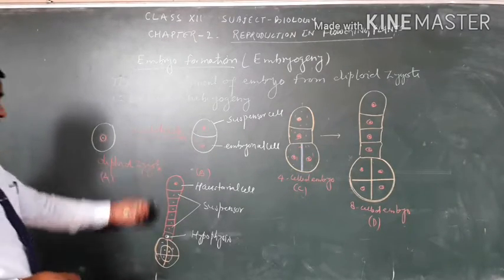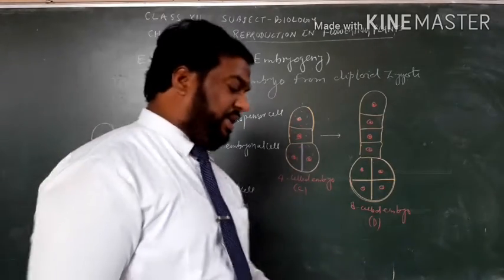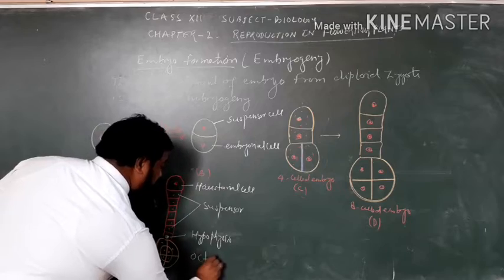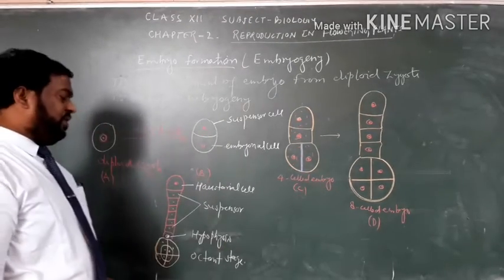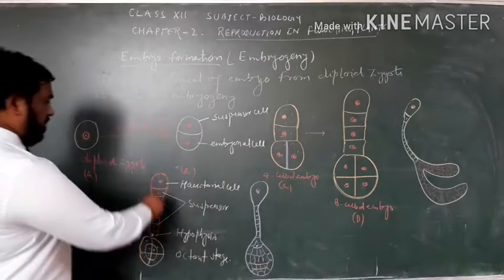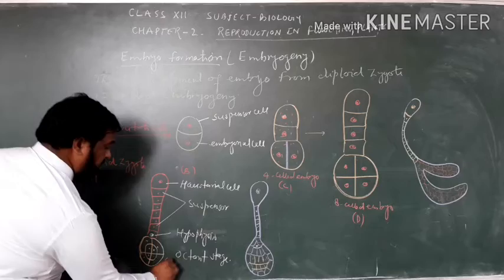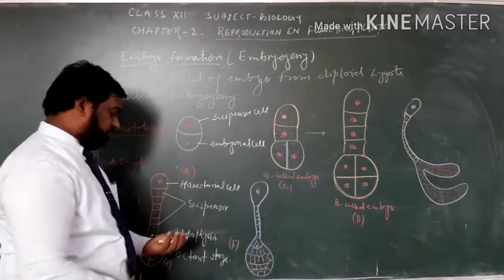Now this is the globular stage, also known as the octant stage. Octant stage. So this is the structure E. Now this is F.